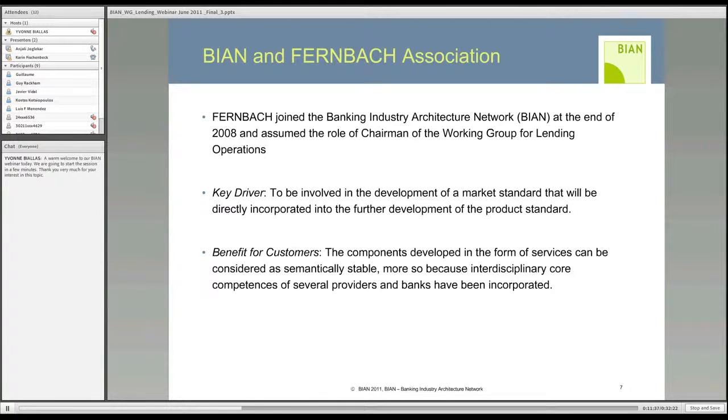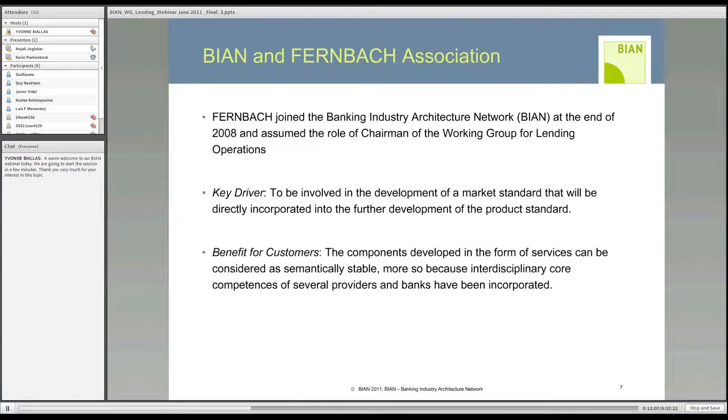And vendors in turn, like us, want to help cater to these banks' requirements and implement them as well. So one of our key drivers was to be associated with Buyin, be involved in the creation of such standards, which can also be incorporated in our own product hierarchy and then in turn be offered to customers. So that was our reasoning behind it.